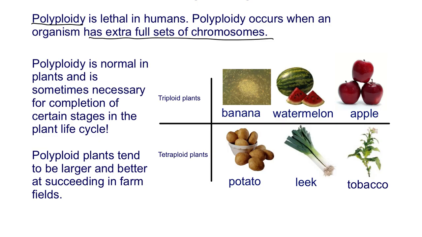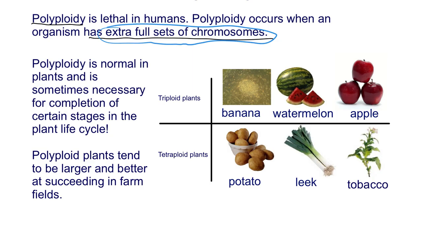Polyploidy is when you get an extra full set of chromosomes. So it's not one extra chromosome or one less chromosome. It's a whole homologous set of chromosomes. This could happen if two diploid cells were to fuse, like an egg and sperm. What if two diploid cells somehow fuse?